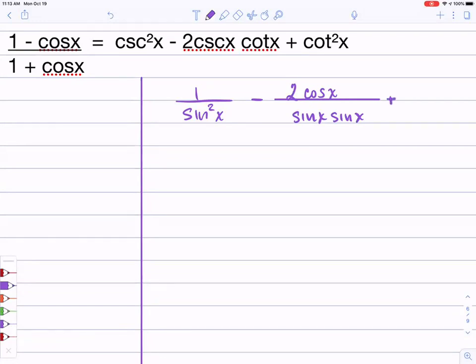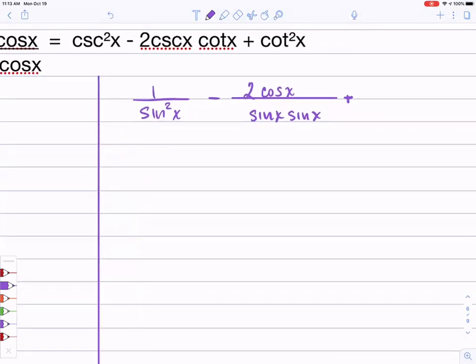All right, now the third term. Okay, I mean, what's the third term going to be? Close.